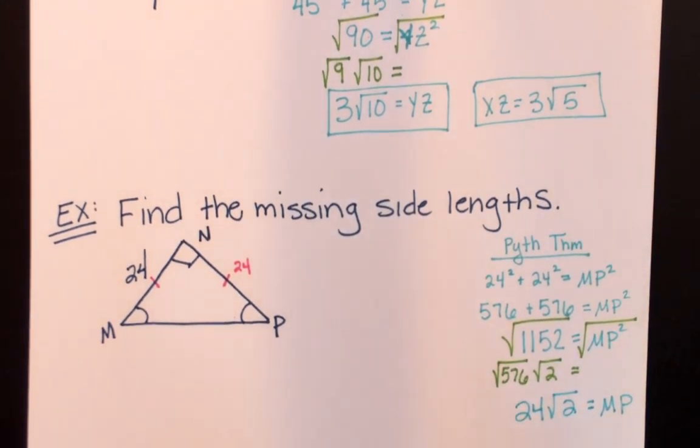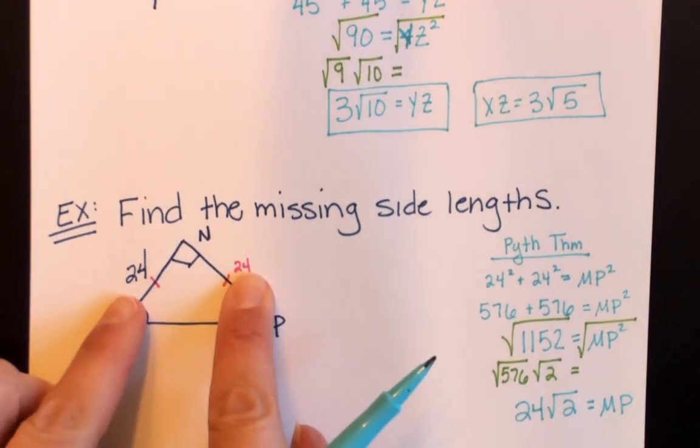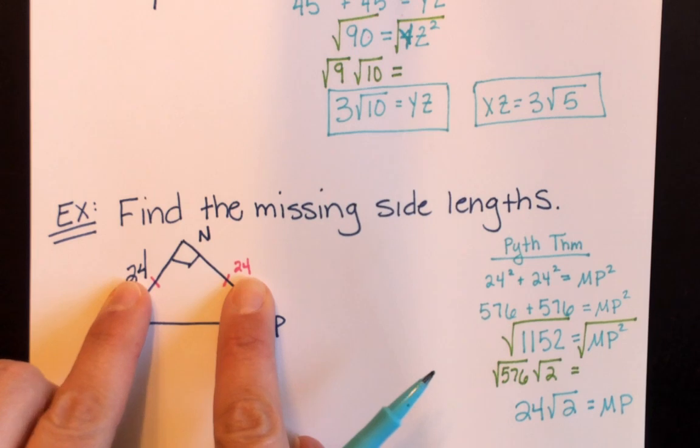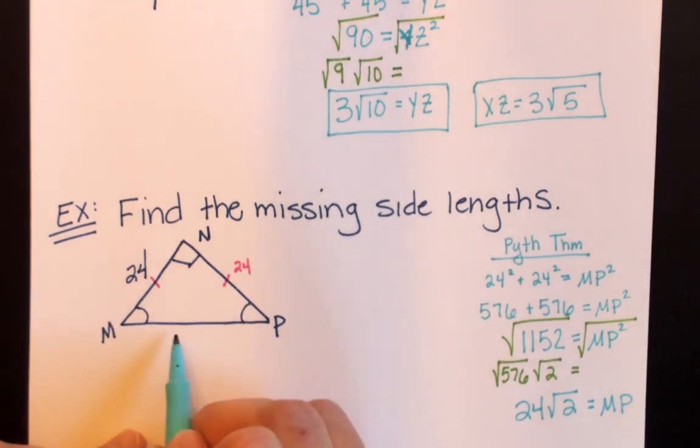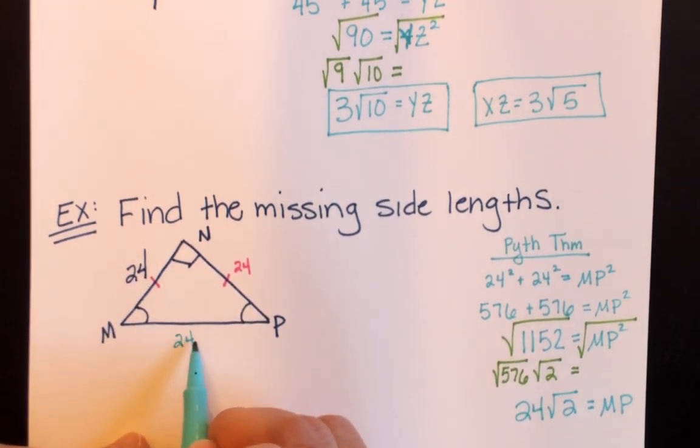Every time, no matter what this number is, this one will always end up being 24 radical 2 every time.